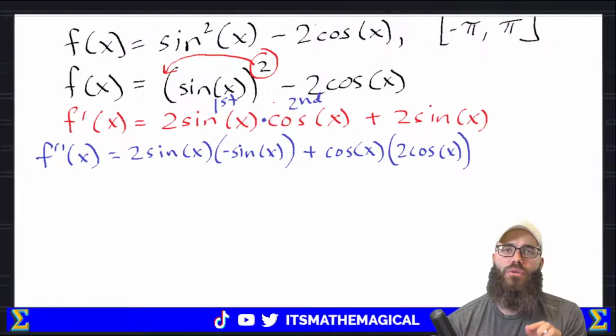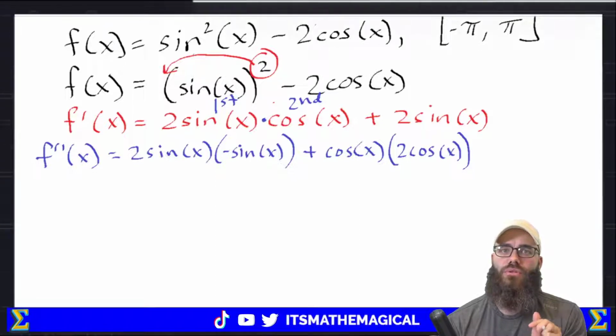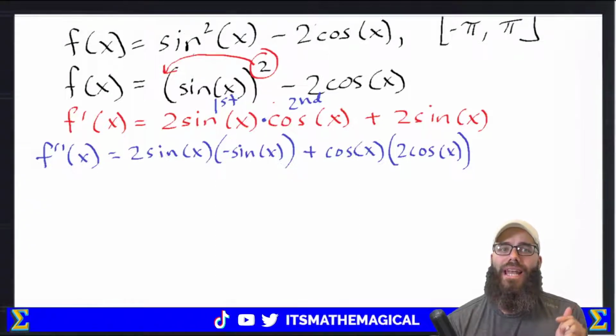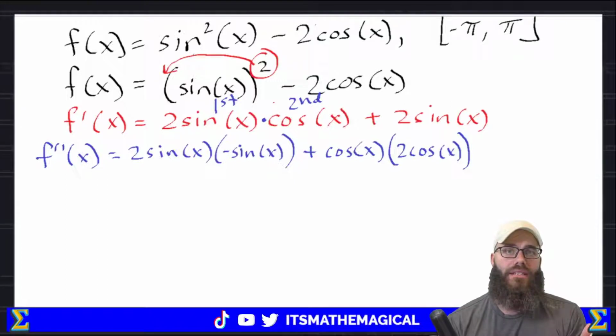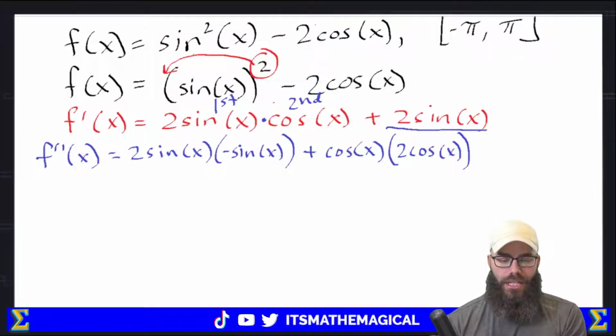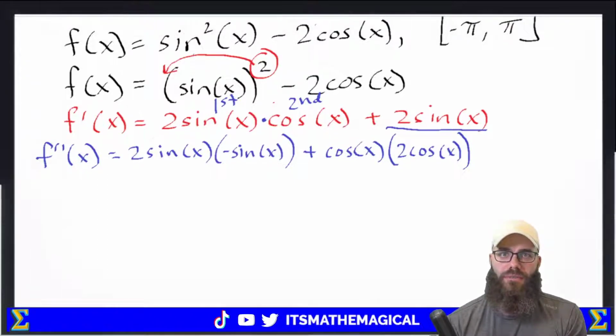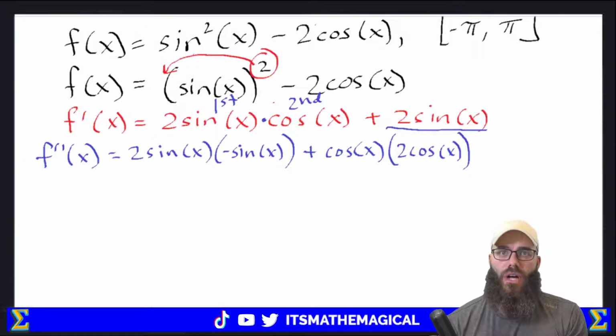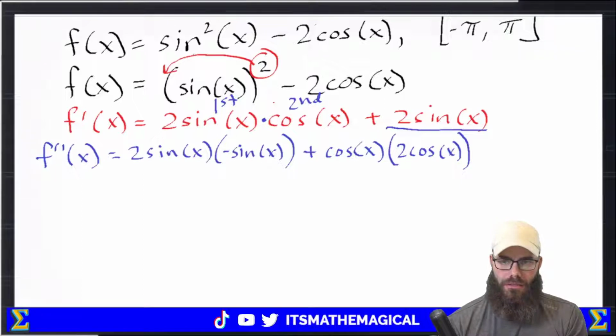So there's the product rule. That's differentiating the term 2 sine x times cosine x. Now we want to differentiate the 2 sine x. And so if I differentiate this term, that's a basic term to differentiate. Again, the derivative of sine is cosine, and so that will be plus 2 cosine x.